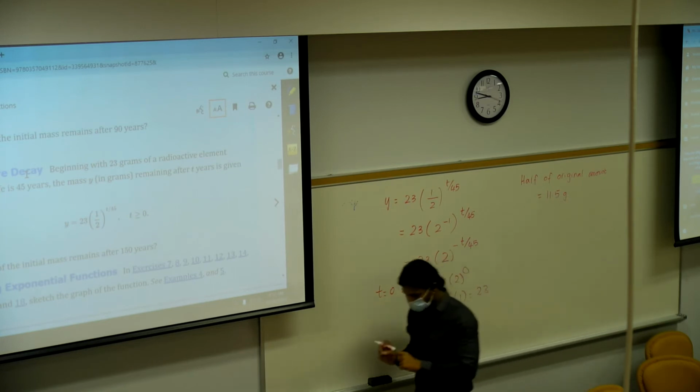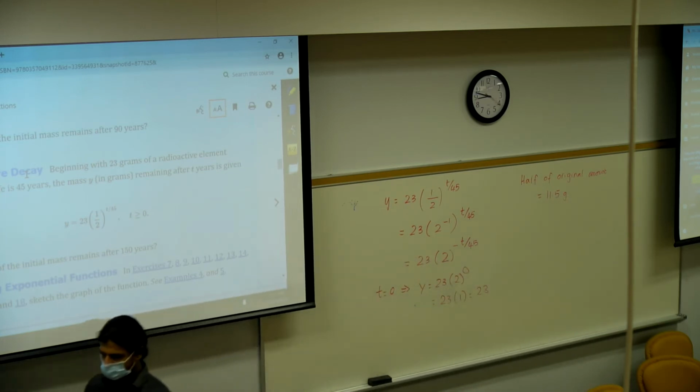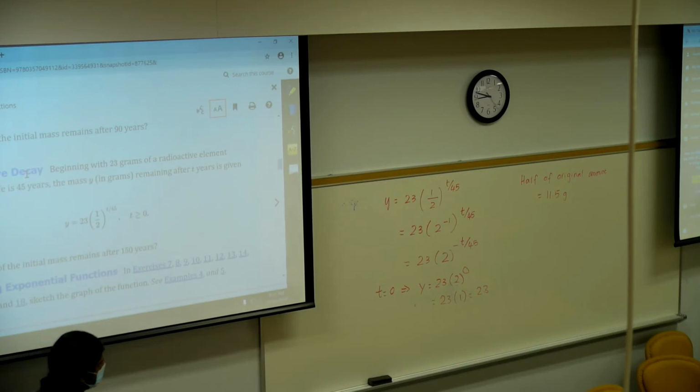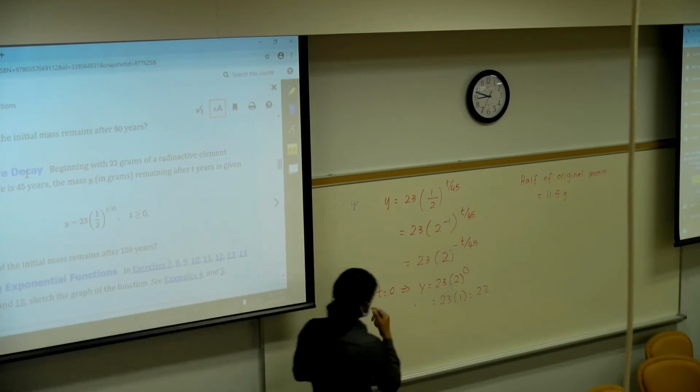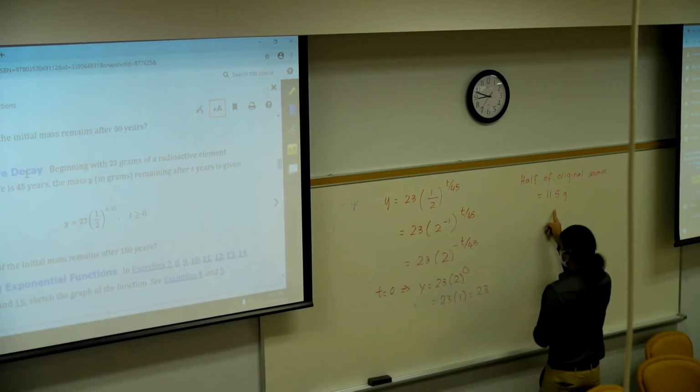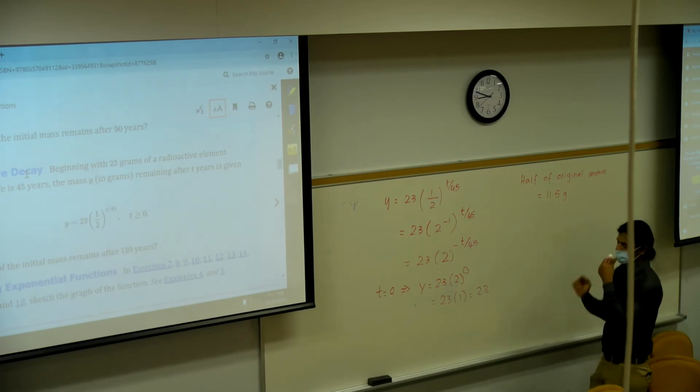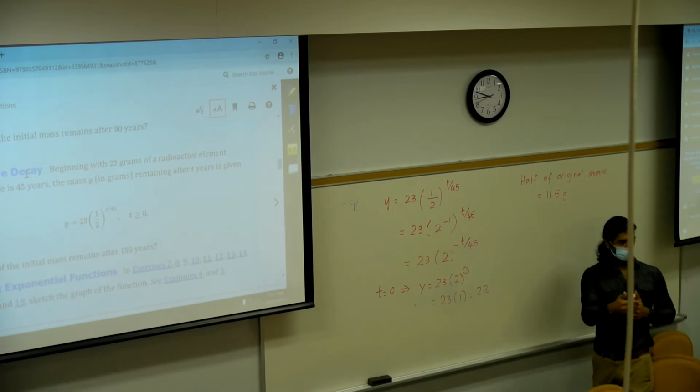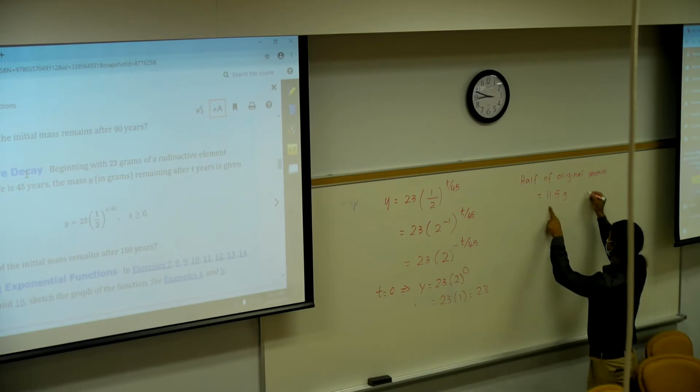So half of 23 is 11.5. And what does the problem state? The problem tells us the half-life occurred at 45 years. So for it to start at 23 and to get that value, it took a time of 45 years. With me? Yes?